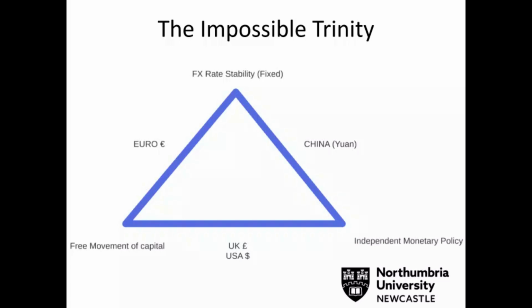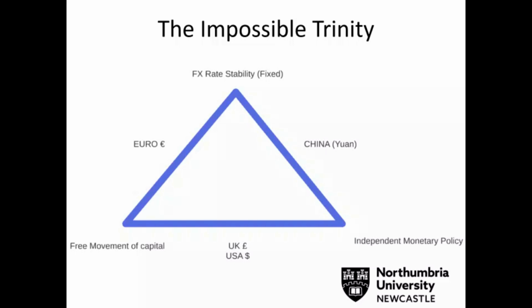If you've got the euro in those countries, you can have whatever other currency you like without any restriction as such. But they don't have independent monetary policy because it's the European Central Bank that does all that. The German Central Bank doesn't have any influence on the European central rate, for instance. So they have free capital movement, price stability amongst themselves, but they don't have independent monetary policy.